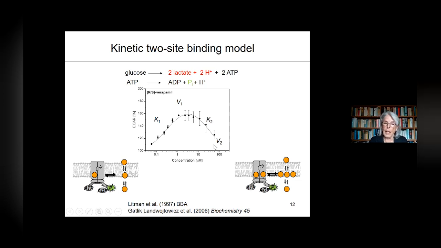Is it aggregation which leads to this decrease, or is it too little ATP available? Is it a disturbance of the membranes? And we tested all these individual factors by physical chemical techniques.